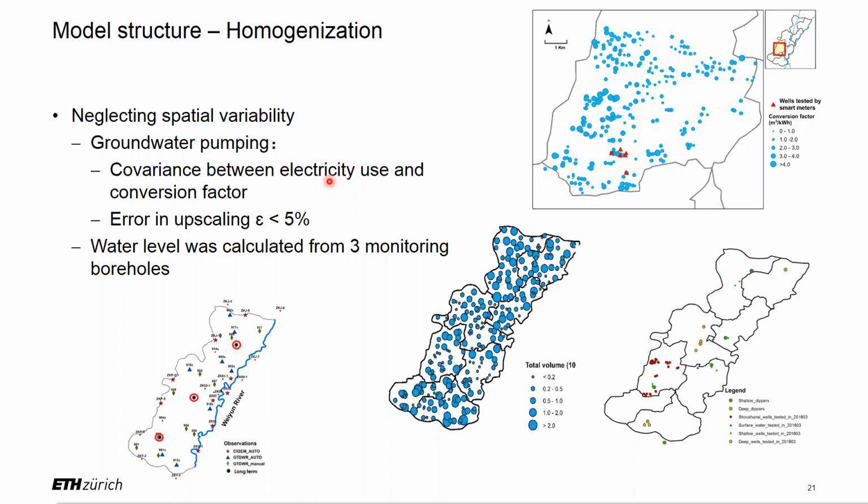We did the test, and the error in this upscaling is less than 5%. That means the difference between the calculation at the county level and the conversion at the village or district level is less than 5%.